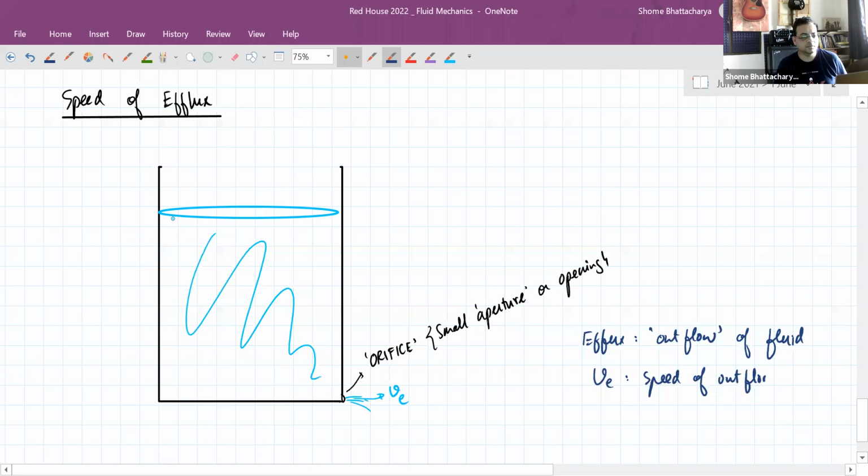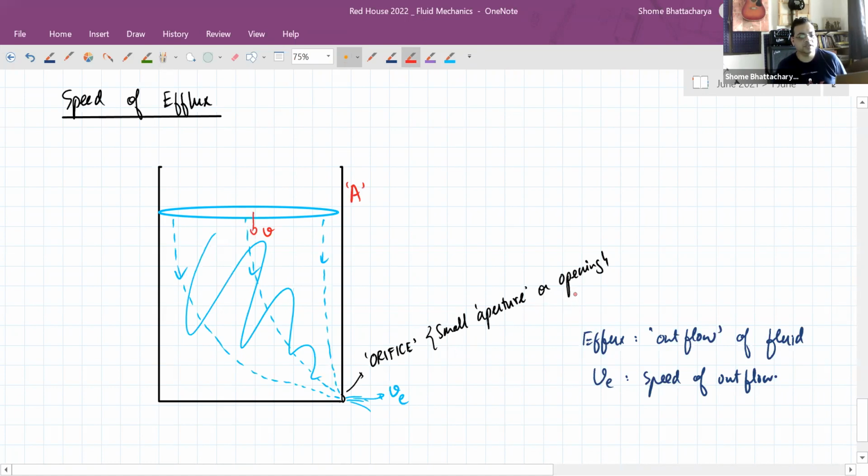So here what happens is we visualize these streamlines like this because the entire body of liquid is flowing down. So the surface of liquid will also be coming down. Okay, so we assume there is some speed here and the cross sectional area is A and the orifice is of small aperture of area, let's say small a.